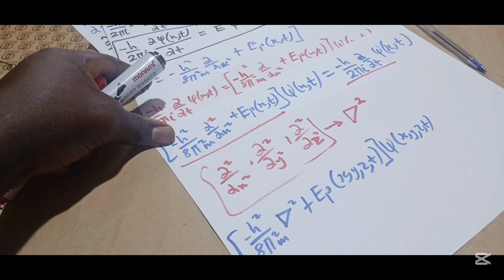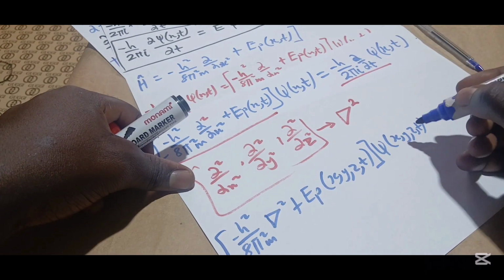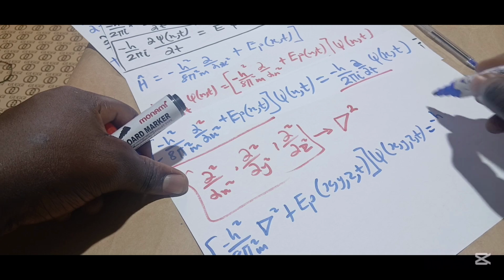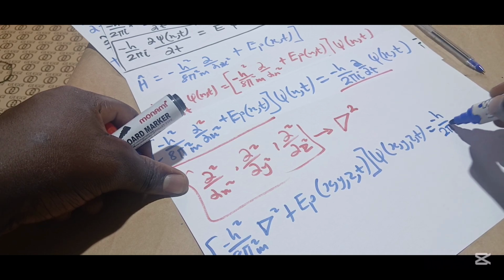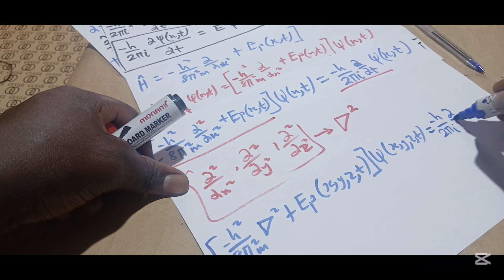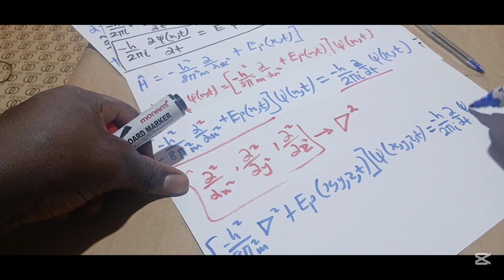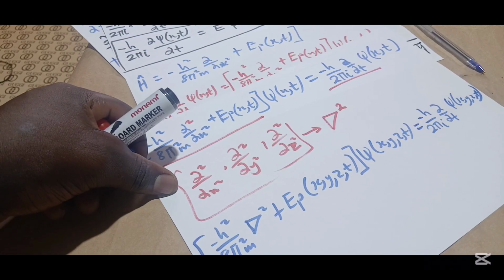This equals minus h over 2 pi i, d over dt, and the wave function should be in x, y, z, and t.